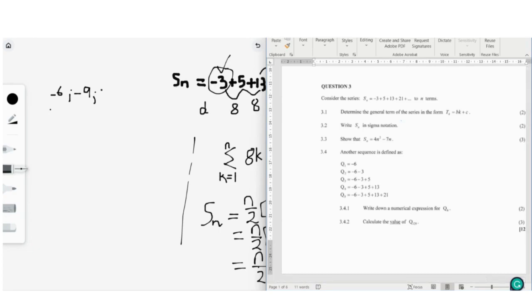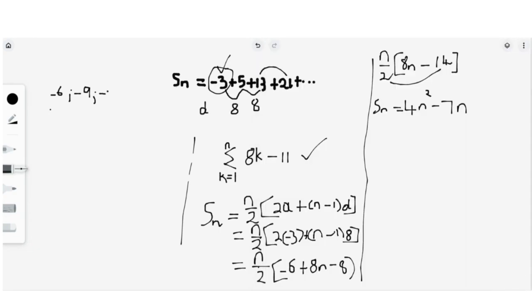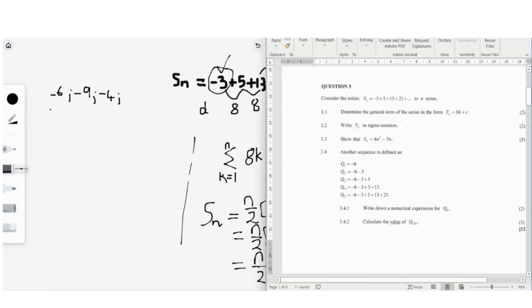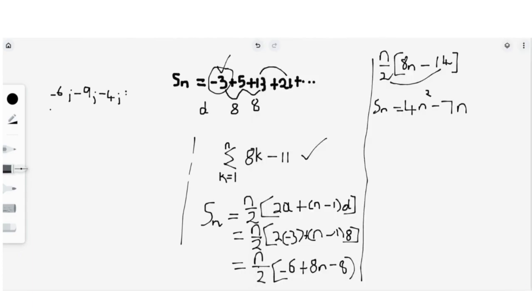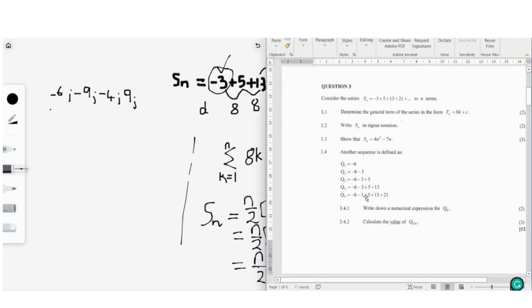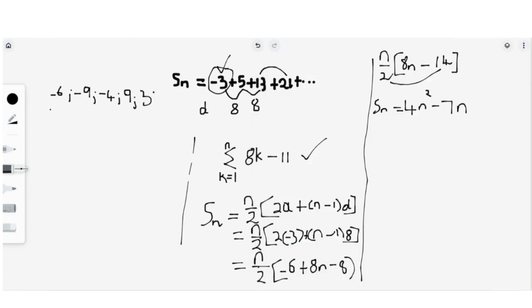This is going to be equal to minus 4. The fourth term is plus 13. That will be 9. The next term is plus 21. This is equal to 30. All right.